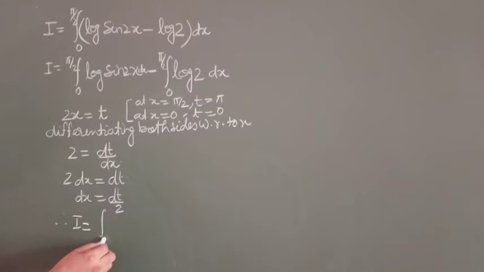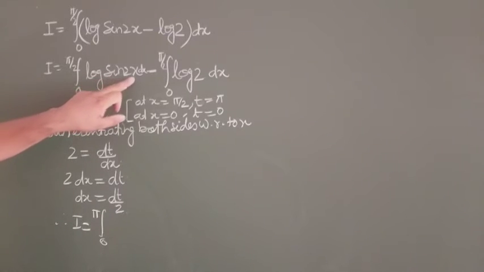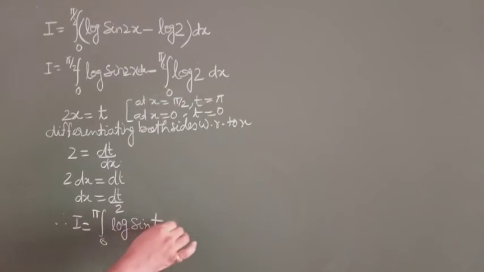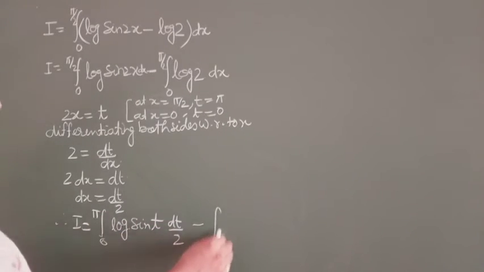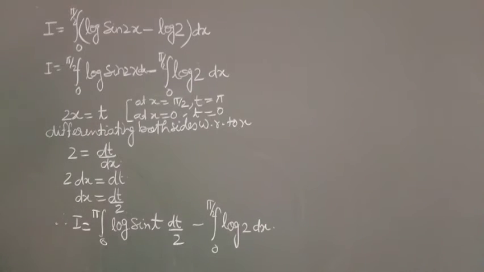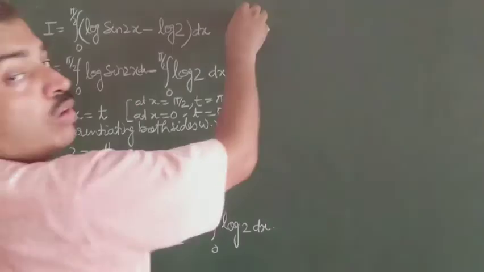So limit will become 0 to pi, and at the place of 2x we can write t, log sin t into dt by 2, and this part will remain as it is, 0 to pi by 2 log 2 dx, correct students?